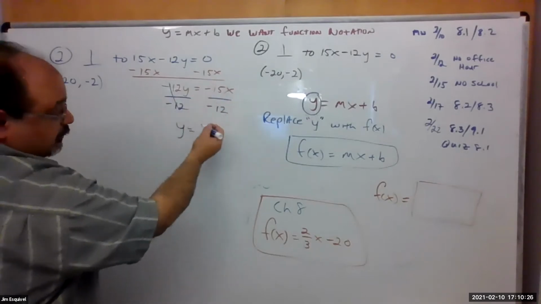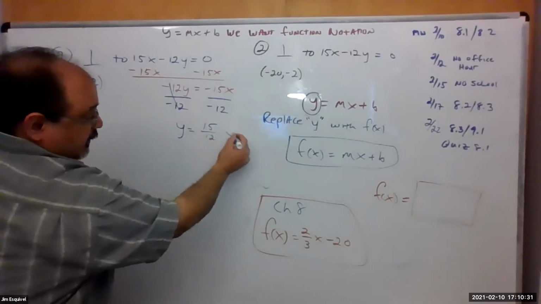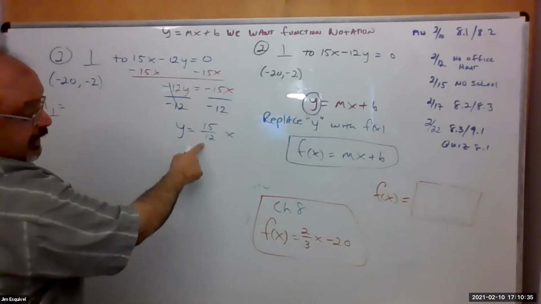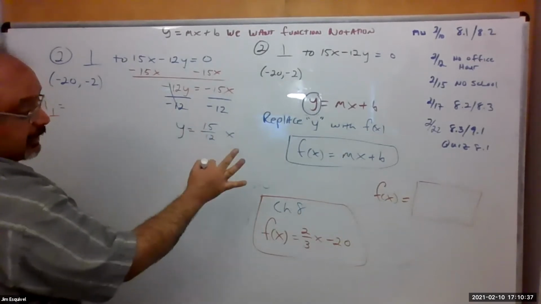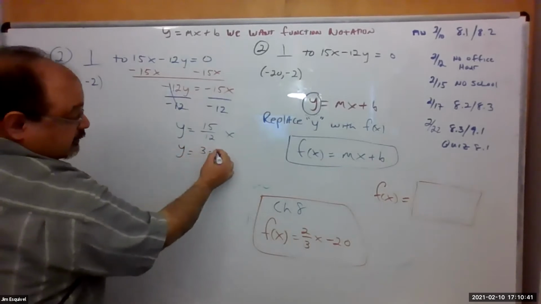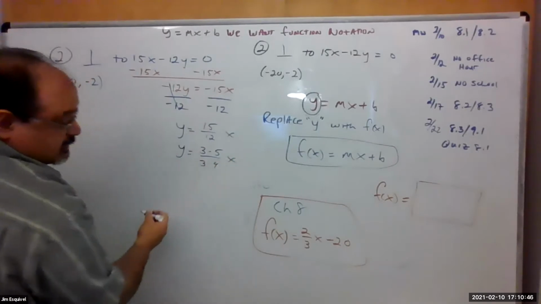I got 15 over 12 x. Simplify it if you can. Common factor for 15 and 12 is a 3. This is 3 times 5 over 3 times 4 x.